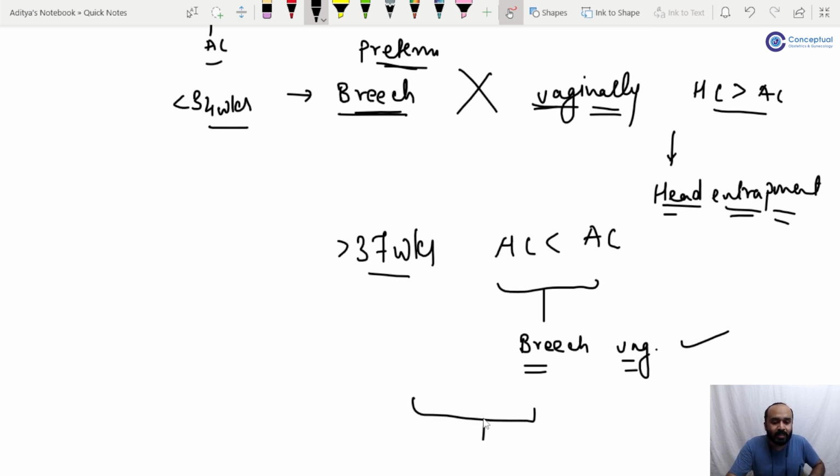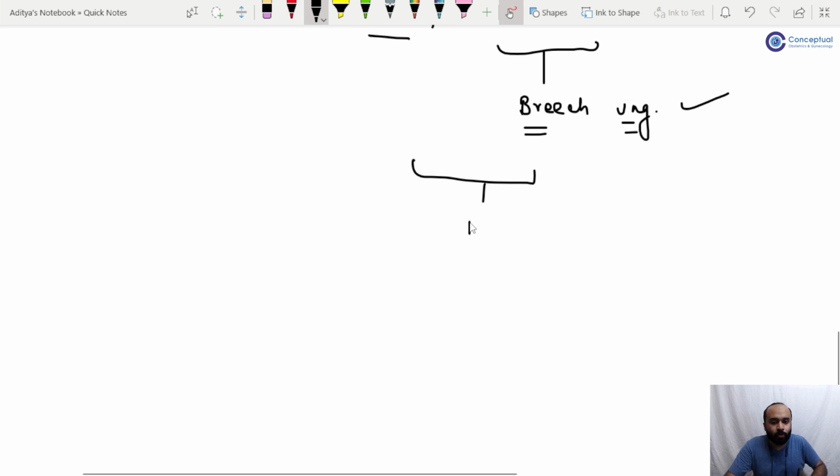What if this pregnancy had asymmetrical IUGR? Assuming that the female had preeclampsia and there was fetal growth restriction, and there was asymmetrical fetal growth restriction, because of all the factors that we spoke about, the abdominal circumference is still lesser than the head circumference.